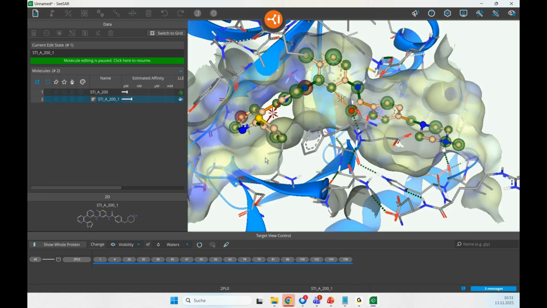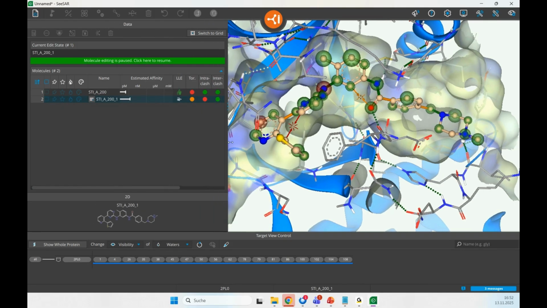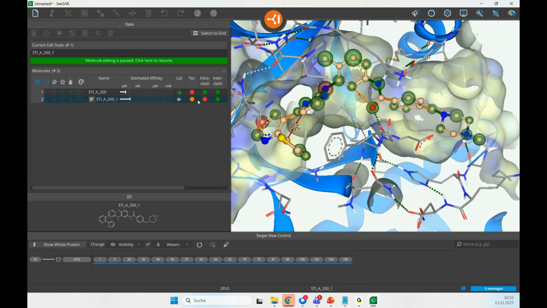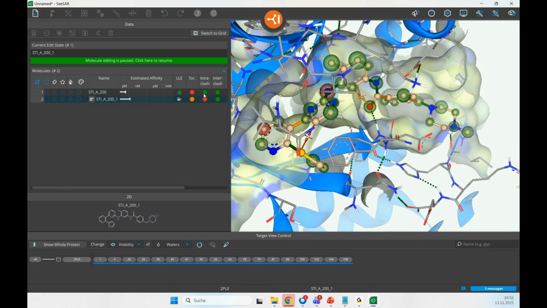And by doing so, smaller adjustments are allowed. And we can also see here in the traffic light scheme what problems may arise or can exist here. You can see we have intermolecular clashes. So basically the tyrosine is now clashing with our pyrimidine here.